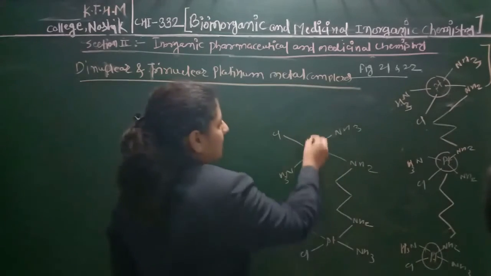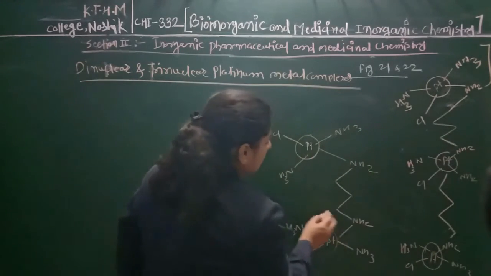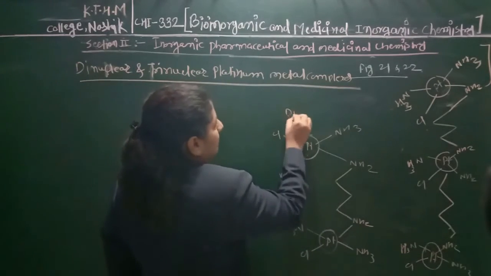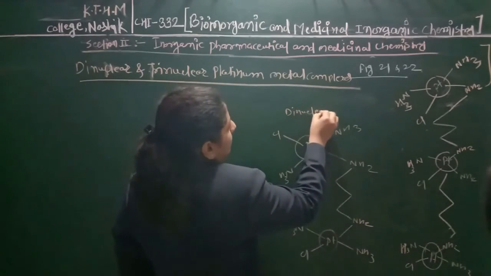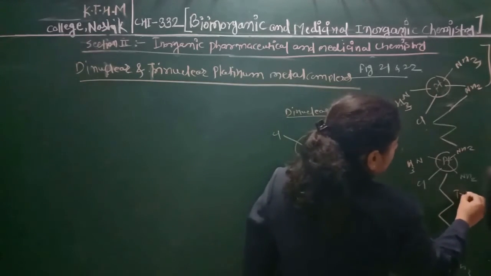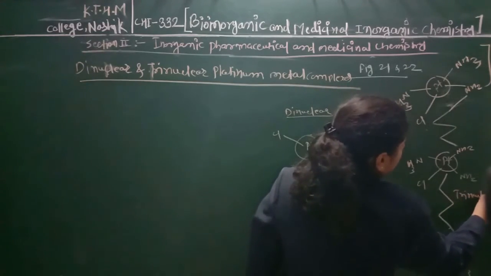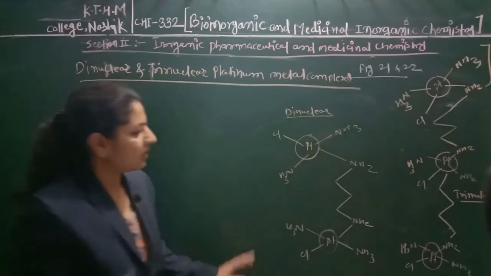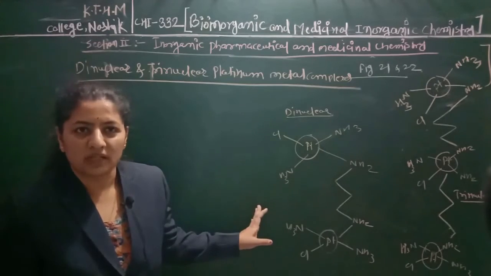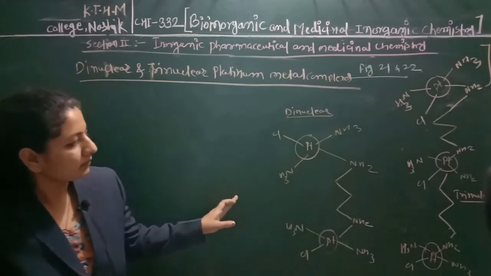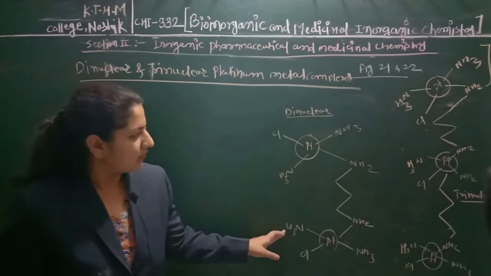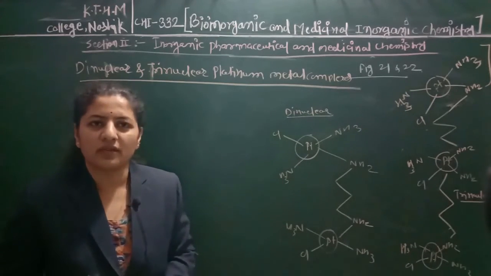So if you see these platinum metal centers here, this is a dinuclear and this is a trinuclear. This dinuclear means two platinum metal centers, and this trinuclear means three platinum centers are present. These are all newly developed anti-cancer platinum drug complexes.